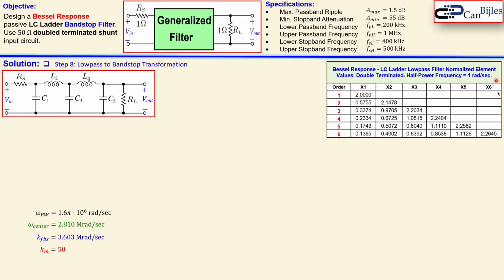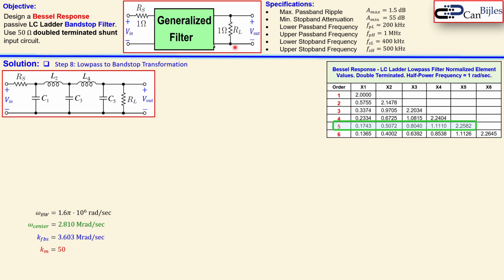Now before we move on with the transformation, let's also use this table from the Bessel response, normalized element values. And since we need a 5th order, the element values are shown here. So x1 up to x5, you see here the coefficients. And each of them is actually the value of the capacitor here and also the inductor there. So the capacitor C1 will have a normalized value of 0.1743 farads.